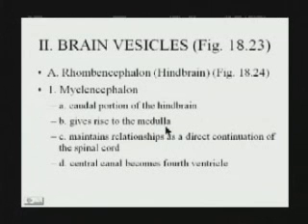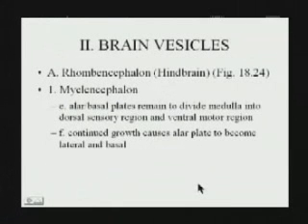This will give rise to the medulla oblongata, and because it's the caudal portion, it does continue directly into the spinal cord, and its central canal, that cavity running through it, will become part of the fourth ventricle. And the alar and basal plates remain to divide the medulla into dorsal sensory region and the ventral motor region.